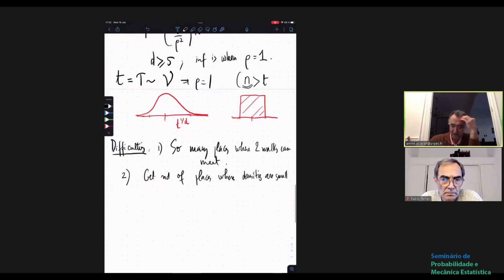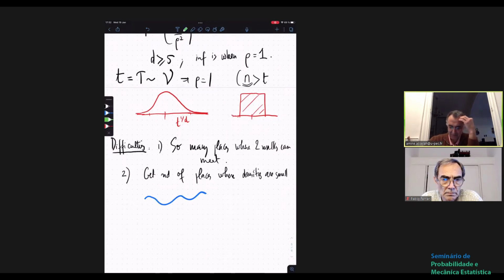I like to write this: they meet, but in a place where they have a small density. This posed a problem. It's the same difficulty that I'm saying in different ways.